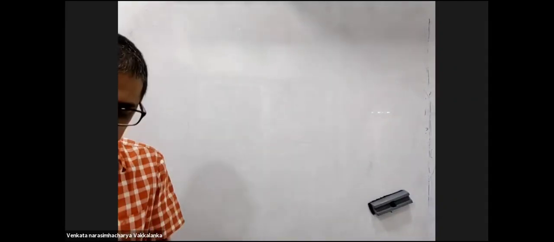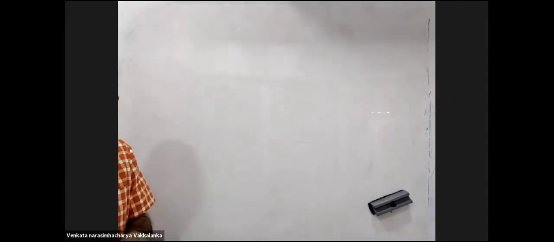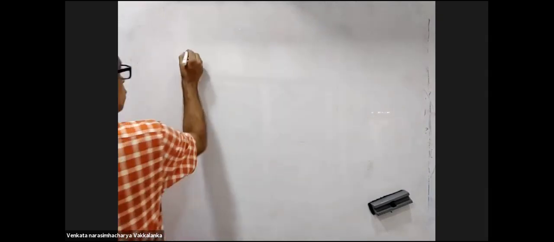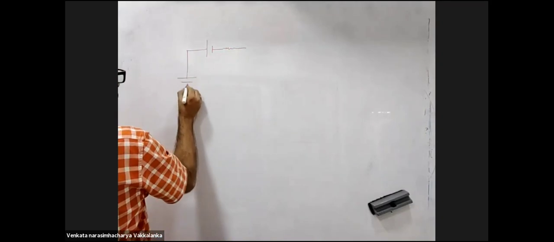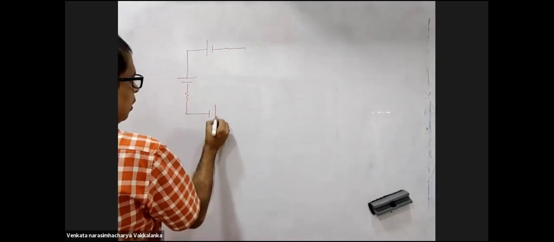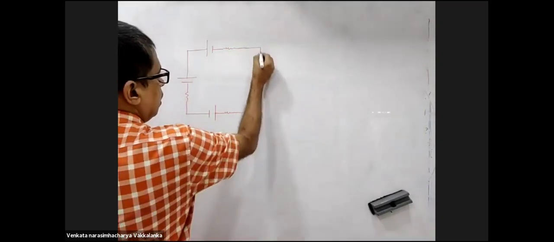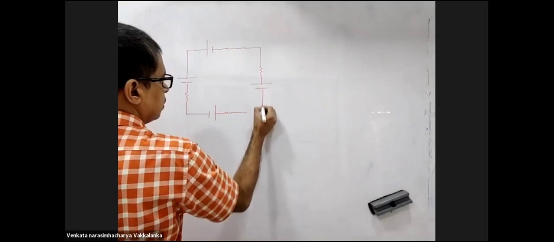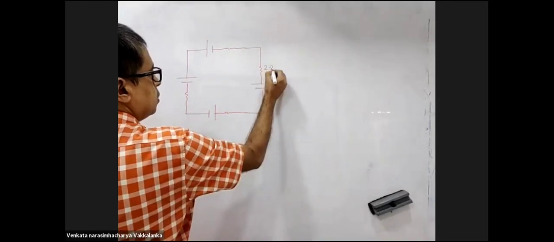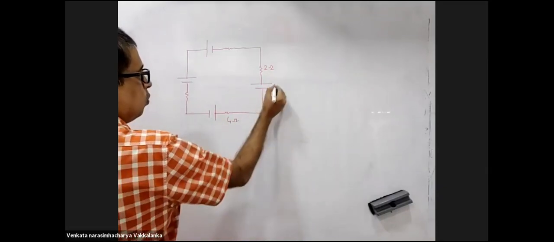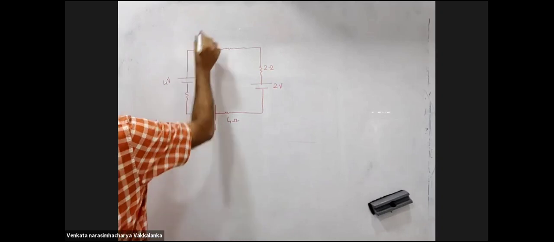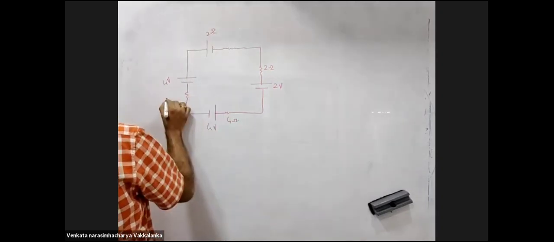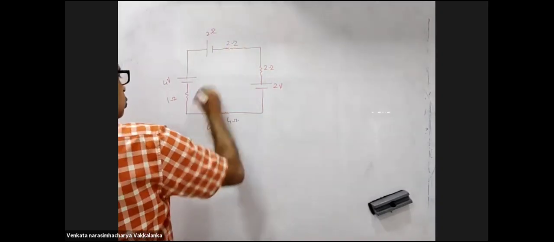Let me take an example given by JEE people, only the thing that I don't remember the value. I take a battery this way: 2 ohms, 4 ohms, 2 volts, 4 volts, 4 volts, 2 ohms, 1 ohm, 2 ohm.